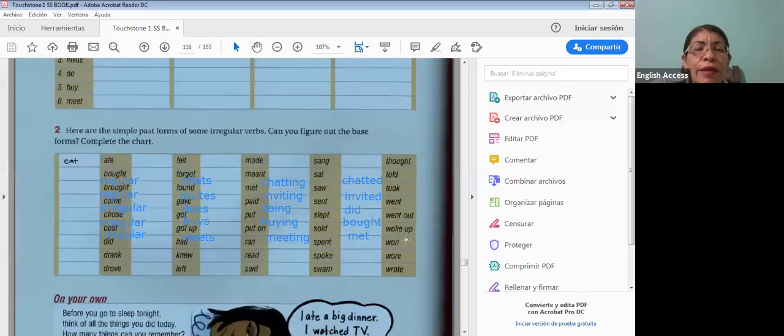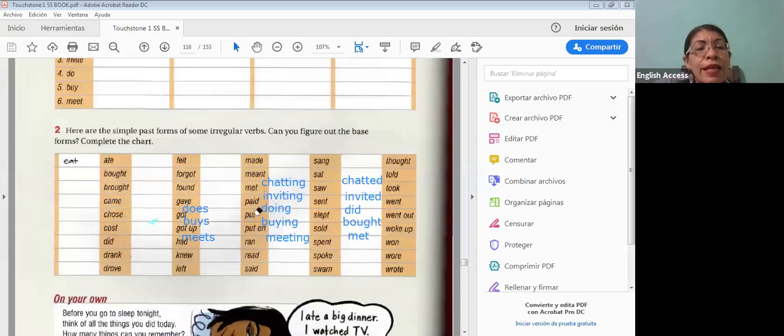Okay, here we are. In this part, exercise 2, as you can see, we have some verbs. These verbs are in simple past. What we are going to do is write the simple form.